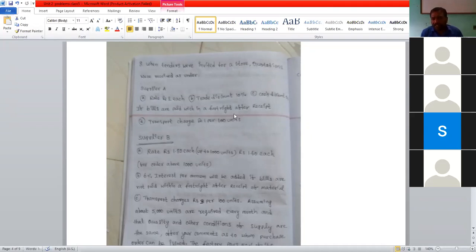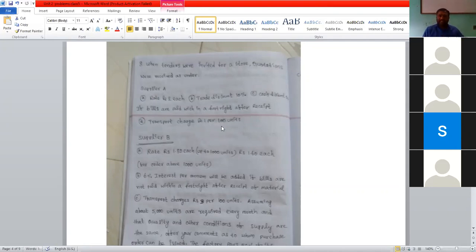In this question, the A supplier is supplying the material according to this criteria, and B supplier is giving these conditions. So based on this, again, we are going to calculate the total cost, and the supplier who is supplying the material with the less cost, then we are going to issue the purchase order to the concerned supplier for our production in this question.